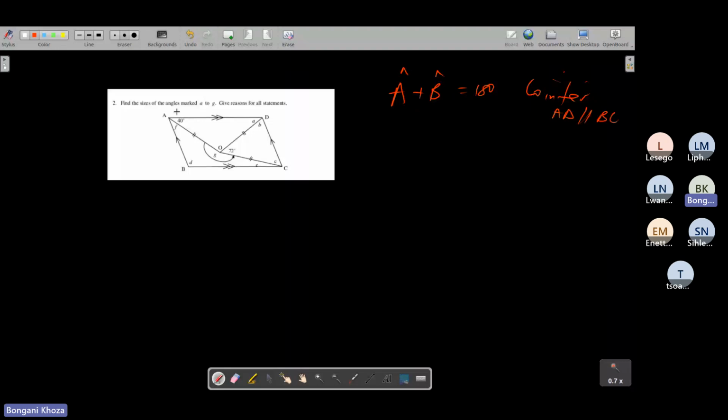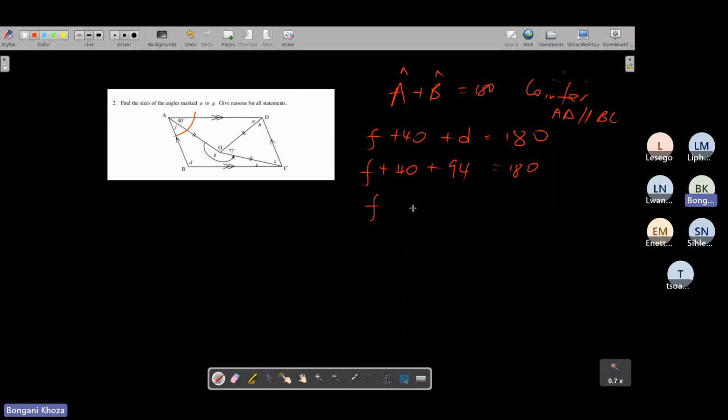So for angle A, I have F plus 40, and for angle B, I have D over here, equals 180. The value for F, I don't know it, plus 40, plus the value for D, we had it somewhere as 90 something. What was it? 94. 94 equals 180.